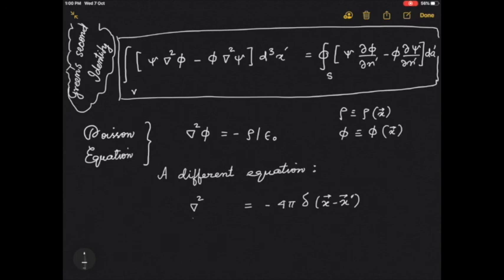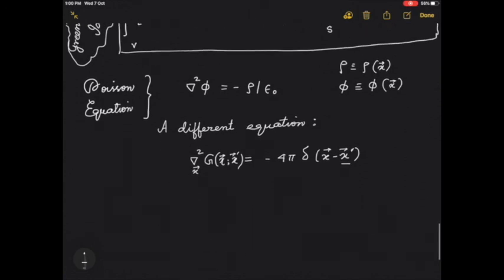This grad square is operating on obviously x, and the solution for this equation I call g, and that will depend on x, and because I have x prime over here, it will change the solution. The value of the solution will change if I change x prime, so I just write it as g of x, x prime.